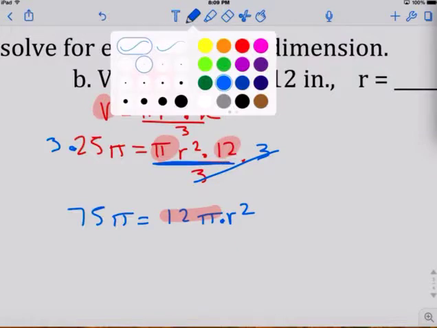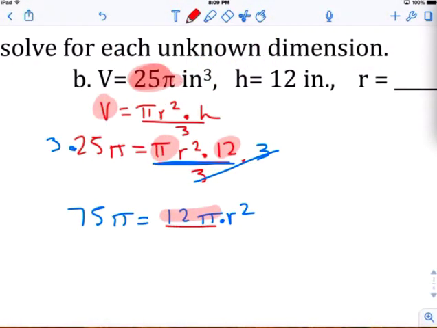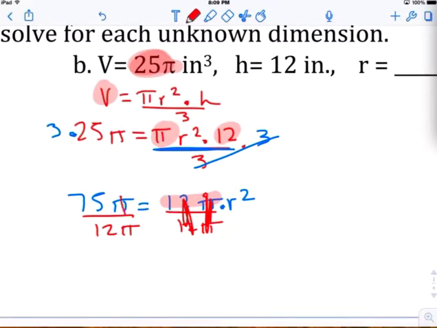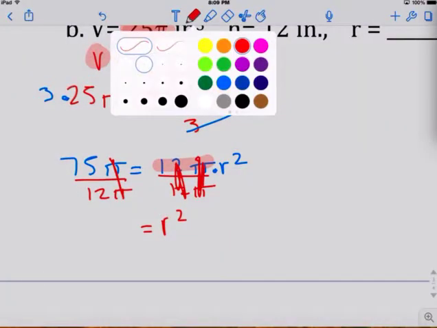Okay, divide both sides by 12 pi. Here's the trick to this. Let me explain. Pi crosses out, 12 pi crosses out. Radius squared is that.